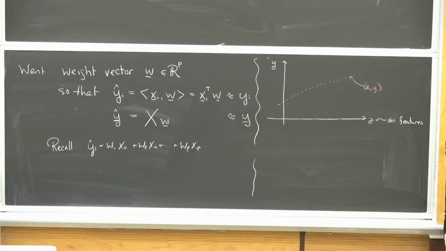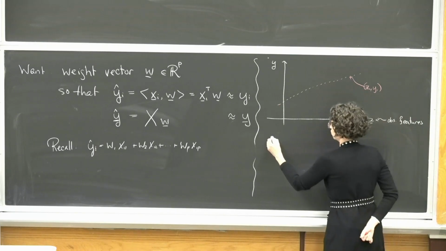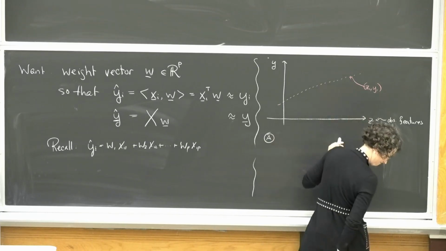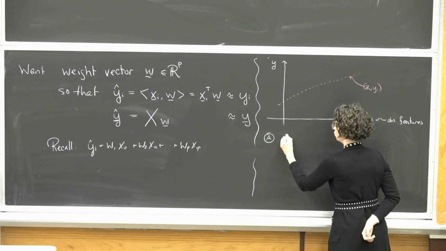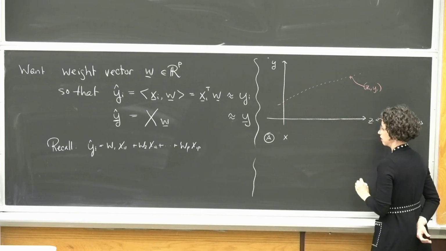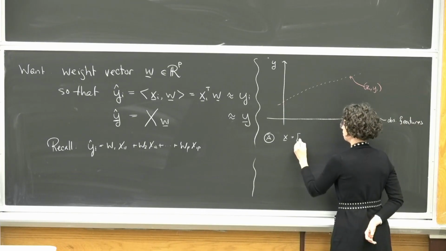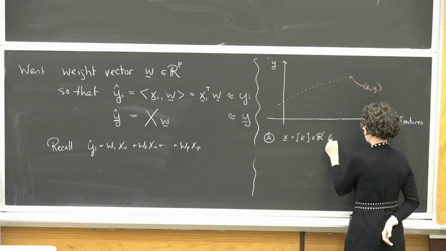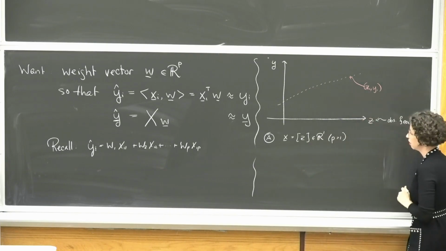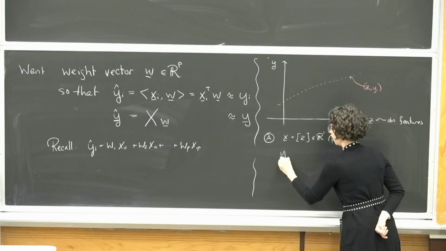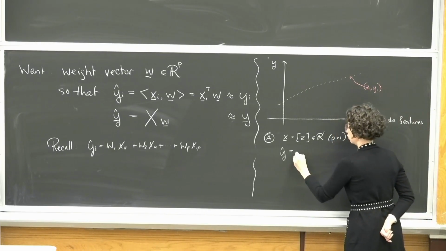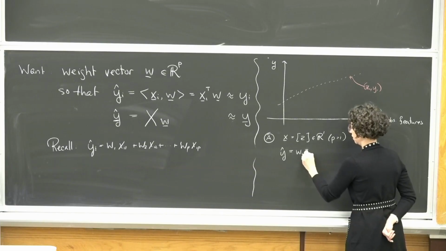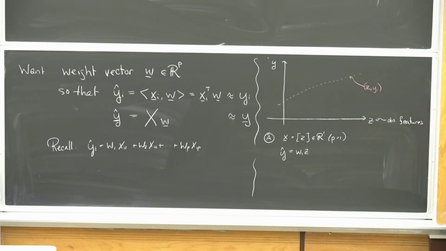Okay, so now within this framework, I have two different options. So option A is I would say that I'm going to define my feature vector X to simply be one-dimensional. It's just Z, so I'm in R1 or P is equal to 1. So in this case, Y hat is going to be equal to a weight W1 times Z, and then that's it.